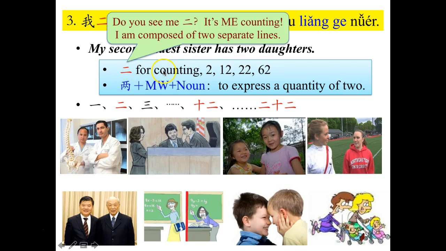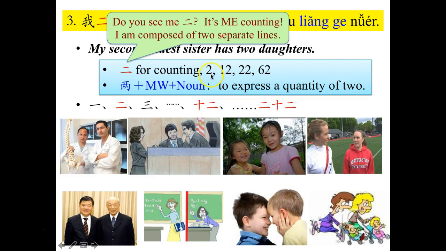This is for counting 1, 2, 3, 4, 5, that 2. 好, the digit 二 is used generally in numbers when counting to 10 or giving out a phone number. It is used when you are stating a number value such as 2, 12, 22, 62.